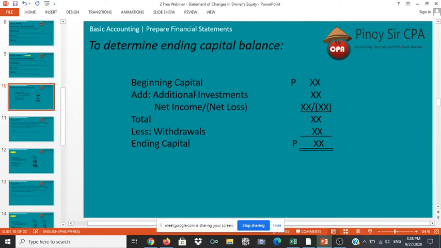Then add the additional investment during the year just in case meron. Then net income, add it also. If not net income, net loss yun. Net loss, deduct mo. Okay? Then less withdrawals. Then that's how you arrive at ending capital. Okay? So tandaan lang yan.